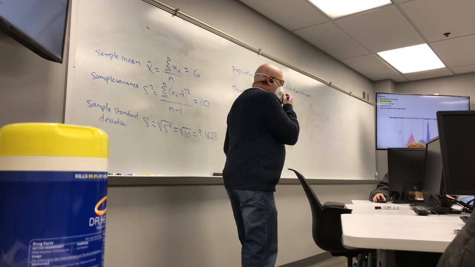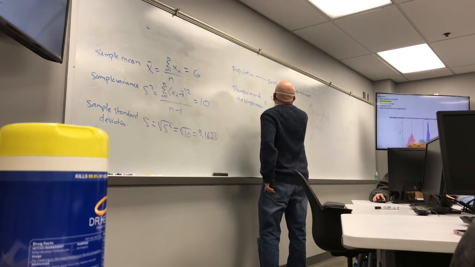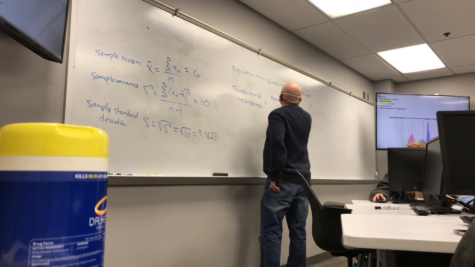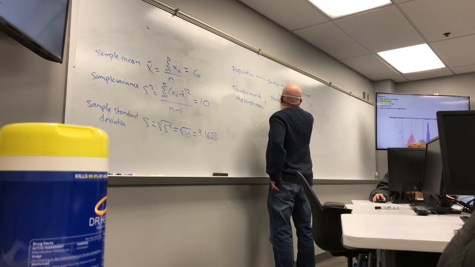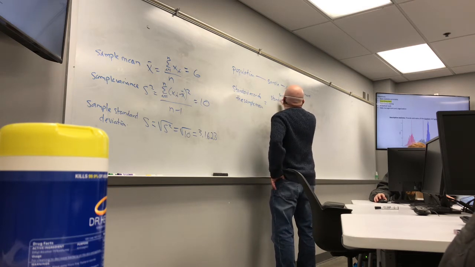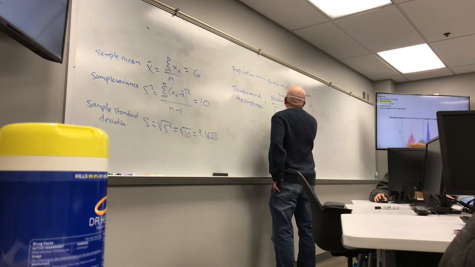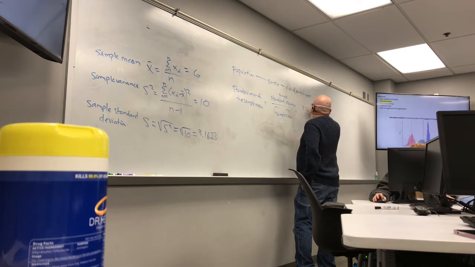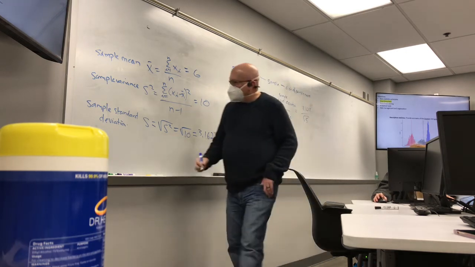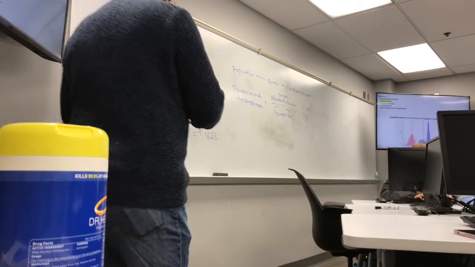This is done by taking the sample standard deviation and dividing it by the square root of sample size. In this case, it would be 3.1623 divided by the square root of 5.